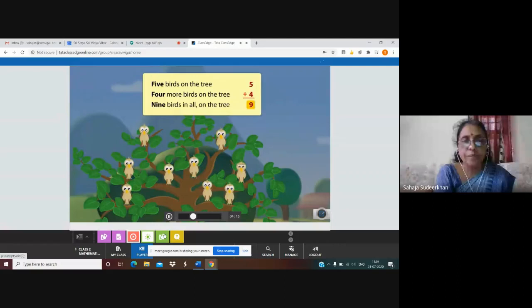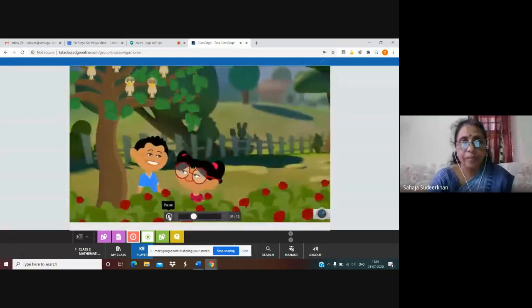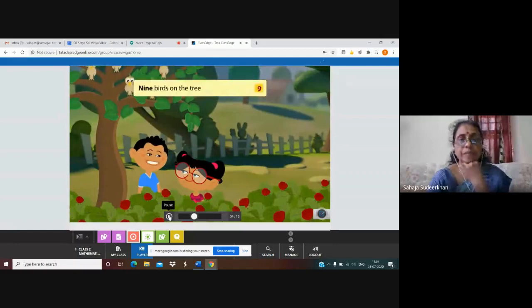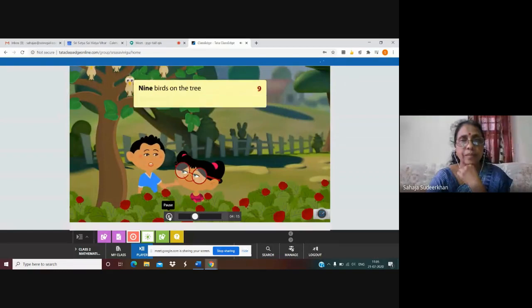So there are 9 birds in all. So there are 9 birds on the tree now. Hey Jia, how many birds will remain on the tree if 7 of them fly away?